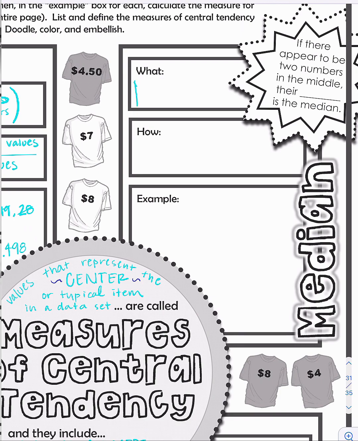So under your what, you're going to write middle. I'm just going to do a tall, skinny font for this one. Middle. And then for number, I'm not going to write the word number. I'm going to use the little hashtag mark, which also is the symbol that means number. I'm just going to make it a little bit thicker here with one of my marker colors.